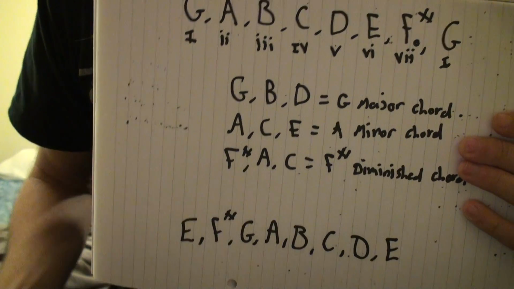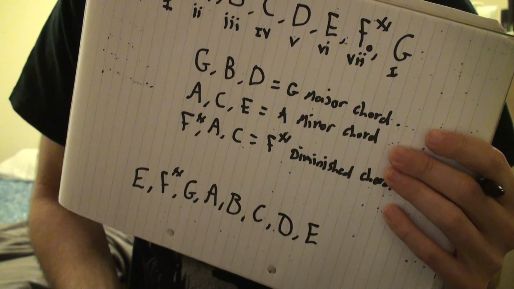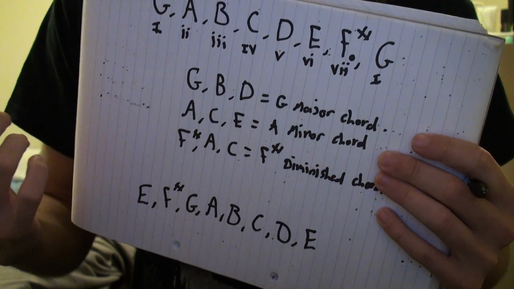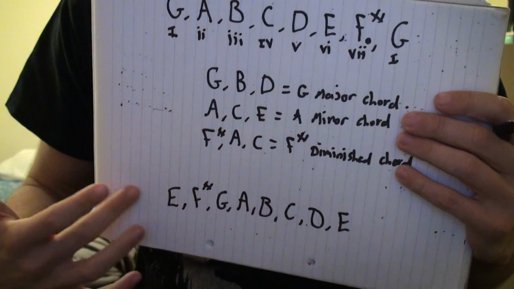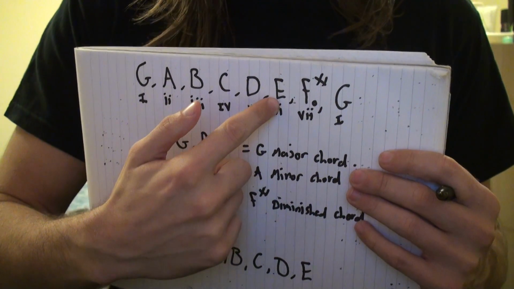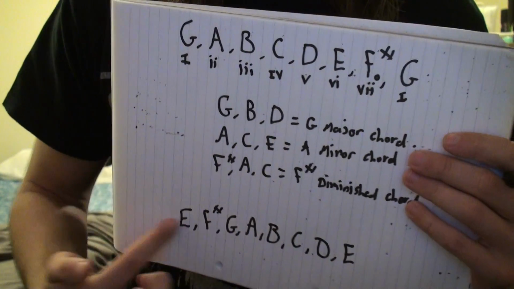So where was I? We have our minor key here, and those Roman numerals that I showed before. If you take the sixth note and write it out from E, you get the same notes, but you just started from a different place.